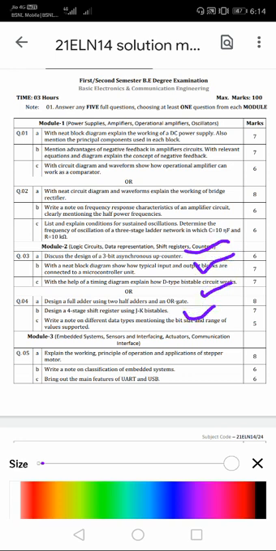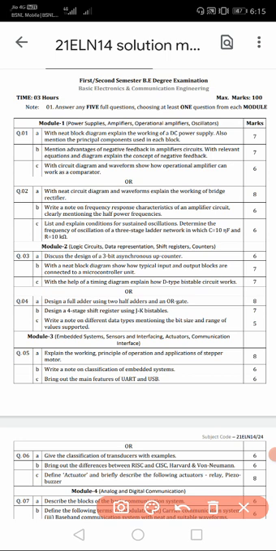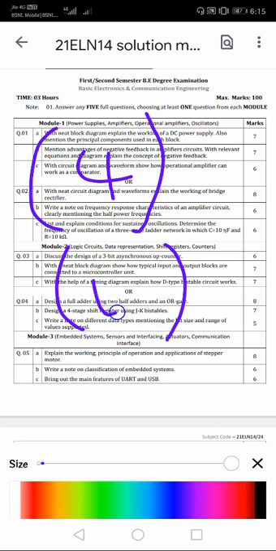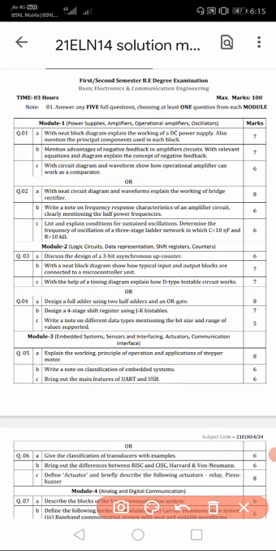Again 4 is guaranteed; about the other 2 I don't know whether they will appear in the main examination. I told you from first and 2 you will get minimum 4, for third and 4 you will get again minimum 4. So total 8 questions will appear in the main examination, I am saying.